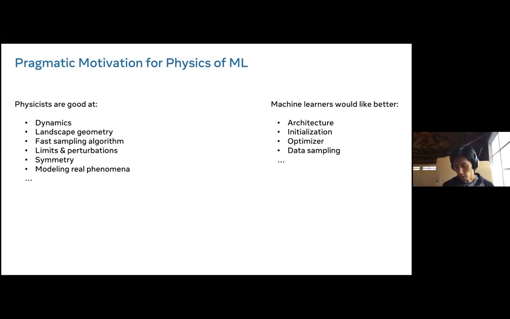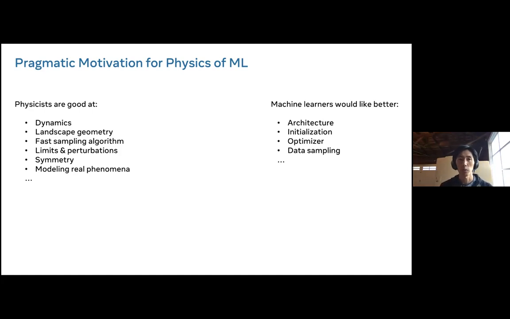Okay, another motivation, or another angle you can take, is a more pragmatic one. We can ask what physicists can bring into the field. We can ask ourselves what we are good at, and then try to utilize that. This is just a list of my own; you can add or subtract anything.